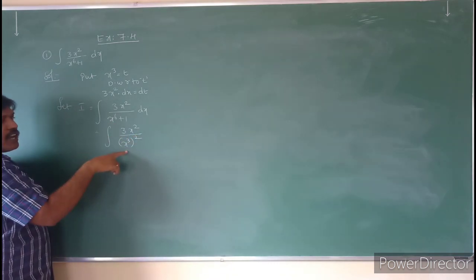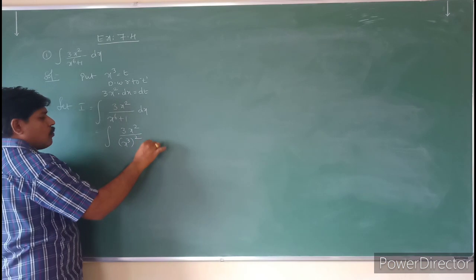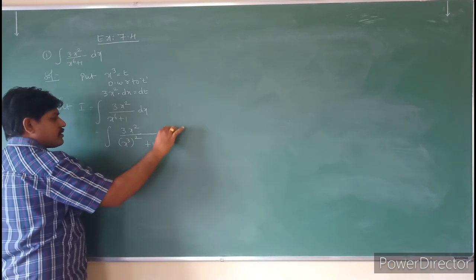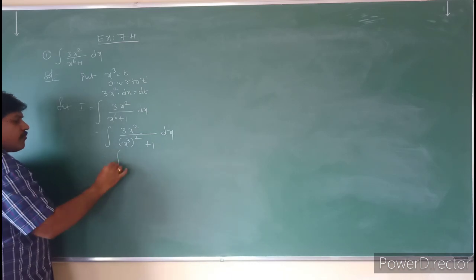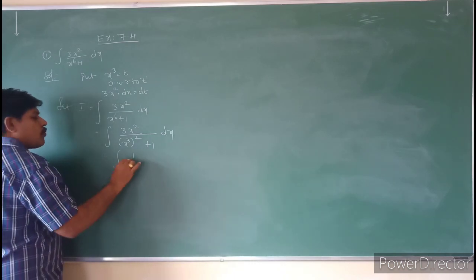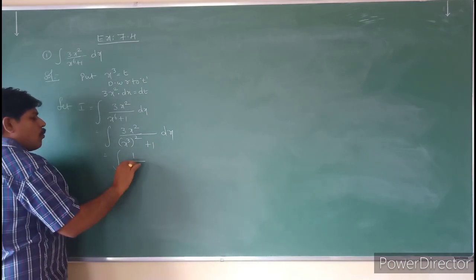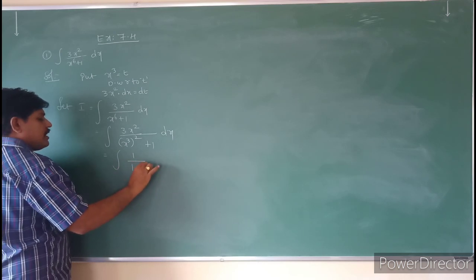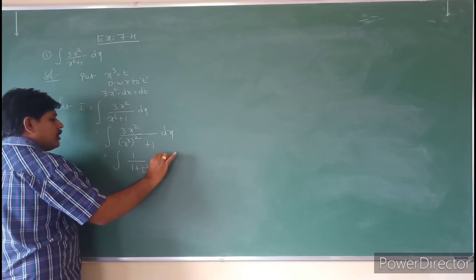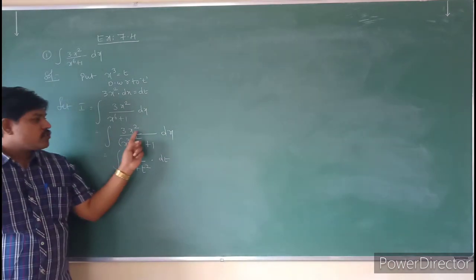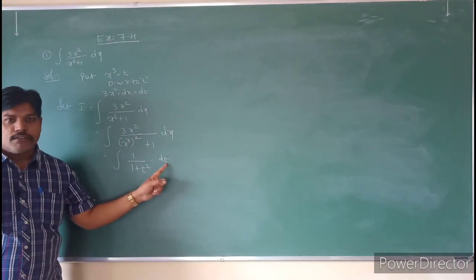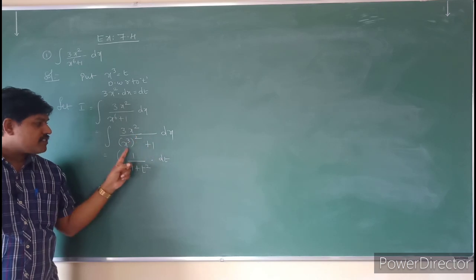So x power 6 you can write as x cube whole square plus 1 into dx. So the problem is converted into the form of 1 by 1 plus t square into dt. 3x square into dx value is dt, yes or no?